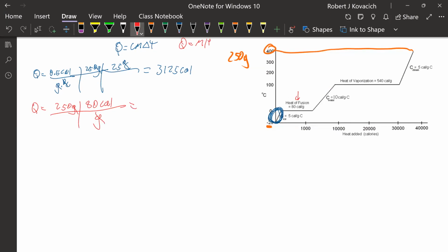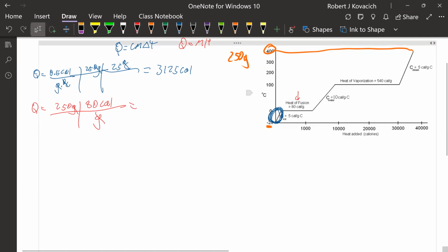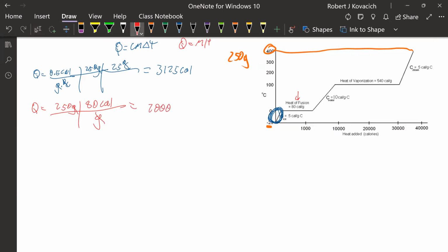So 250 times 80 is 20,000. So 20,000 calories to take the water from ice at 0 degrees Celsius up to liquid water at 0 degrees Celsius.